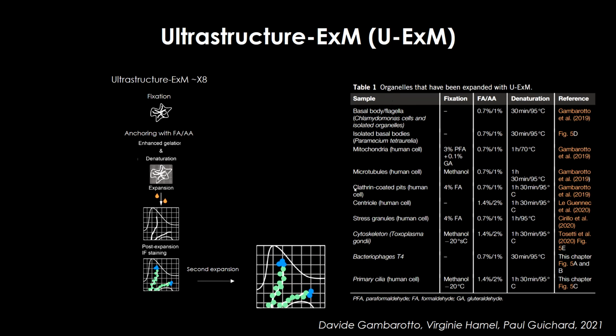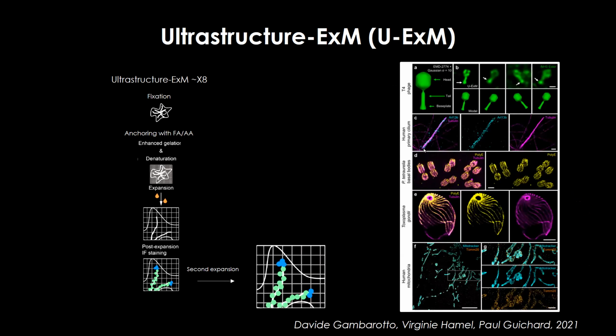And if someone wants to visualize microtubules, it is done using methanol. And here you can see optimization for each one of the organelles or even small organisms like Toxoplasma, I think they did. Yeah, Toxoplasma. So here are the examples that they show in their paper.